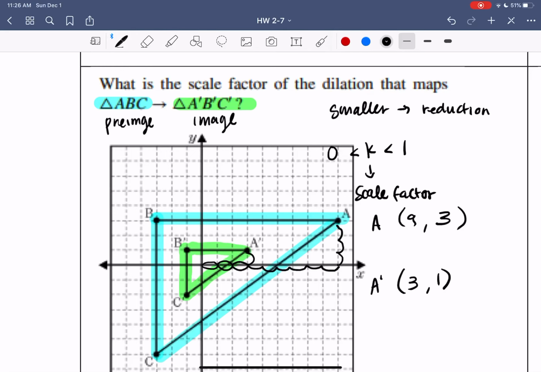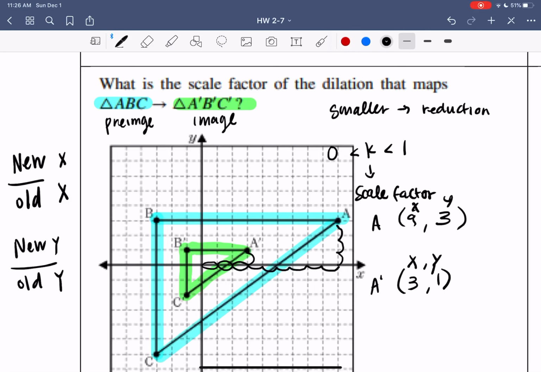So remember, we're going to take new over old, remembering that you have to put new X over old X and new Y over old Y. So we have our X and our Y, remembering that this is our new and this is our old. So set up that proportion and you'll be able to find what K is.